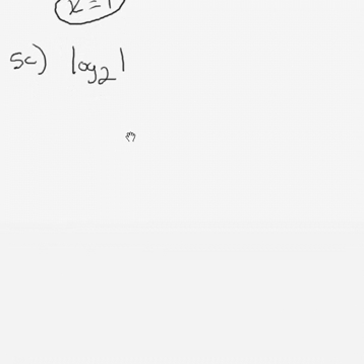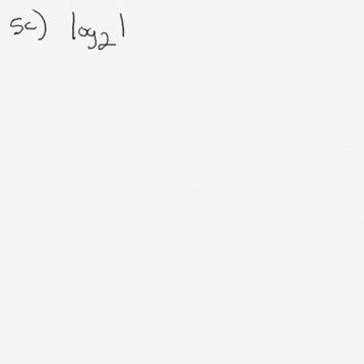And let's look at this one, the log of 1 base 2. Now the answer is 0. You may not see that right away, but we're saying 2 to what power is 1? So if we don't know that, let's just say that equals x. And let's just say, well, we don't know how to solve logs, so let's rewrite it as an exponent. The base 2 to the x power equals 1.